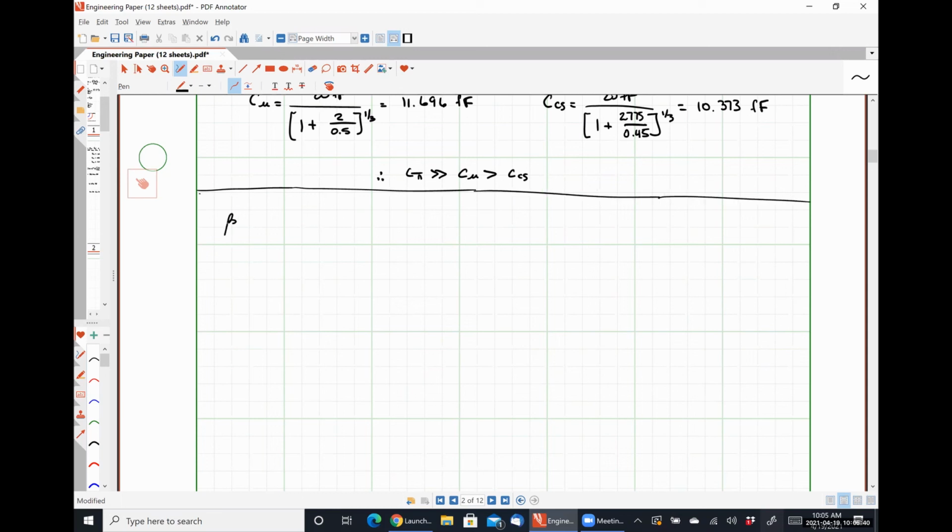Fundamental definition, beta is IC over IB. Right? All right, so it is the short circuit common emitter current gain. So I'm going to draw a small signal model for a short circuited common emitter amplifier, including our capacitances C pi, C mu, and CCS. And so that's going to look something like this.